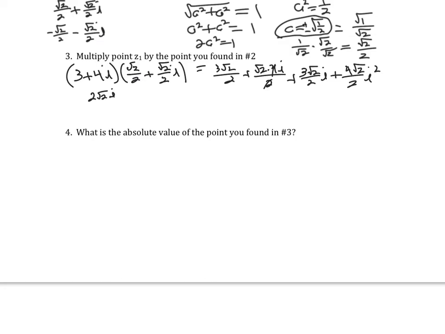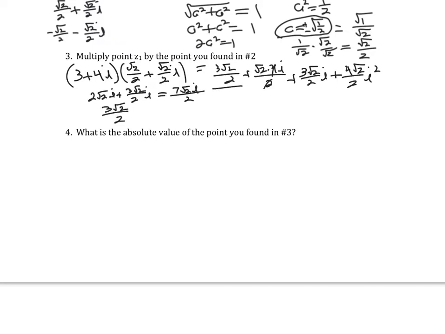And then we have over here still 3 root 2 over 2i plus 3 root 2 over 2i, which ends up giving us, this is really 4 over 2 root 2i, so we end up with 7 root 2i over 2. And then for our real portion, we have 3 root 2 over 2.